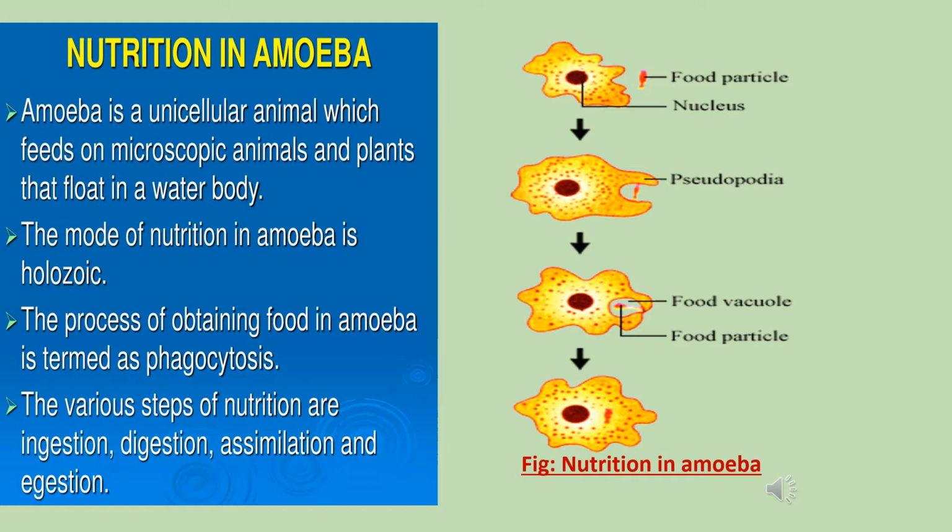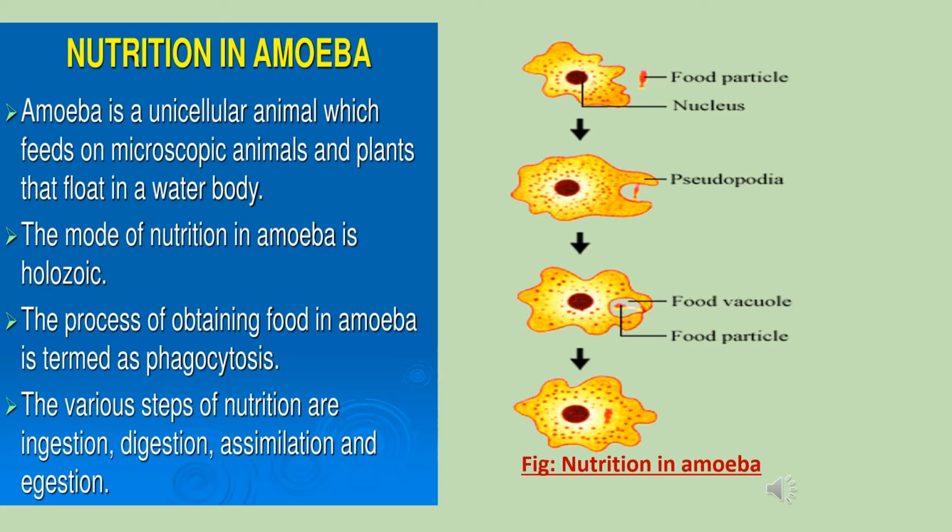Now once the food vacuole has been formed, amoeba releases enzymes so that the food trapped inside the food vacuole could be digested. Under the influence of the enzyme, the food is digested, and once the process of digestion is completed, the simplified food comes into the cytoplasm of the amoeba.